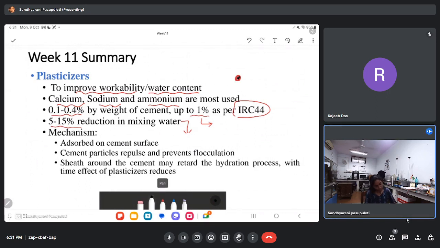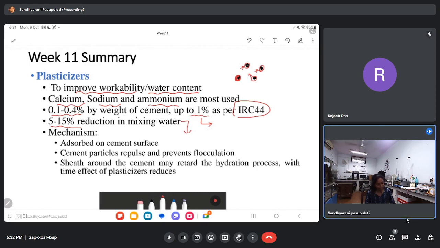Then you have cement particles all around, and around each cement particle you observe the plasticizer adsorbed on the surface. Now all the surfaces are red, which means plasticizers. So these plasticizers repel each other.